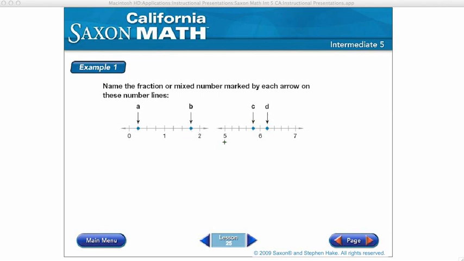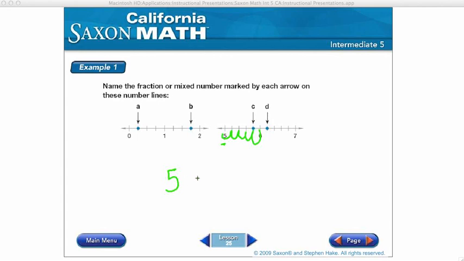So notice that this number line starts at 5. So I don't need to count my whole numbers 0, 1, 2, 3, 4, 5 because they don't give that to me on the number line. We're going to assume that that's there because of this arrow. But I'm going to start at 5, and I see that C is before I get to 6. So my whole number is 5. But now I need to count my denominator. So I start at 5, and I count the spaces. 1, 2, 3, 4, 5.